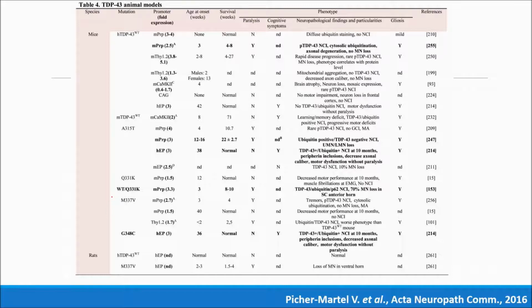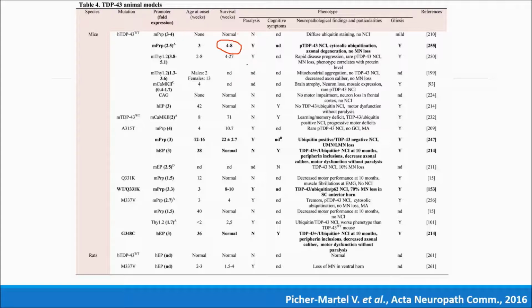So in front of that, we turned to TDP-43 models. TDP models have a lot of advantages, but they are also bad at some things. Most of the models develop an early age onset, so they die before 4 to 8 weeks of age.